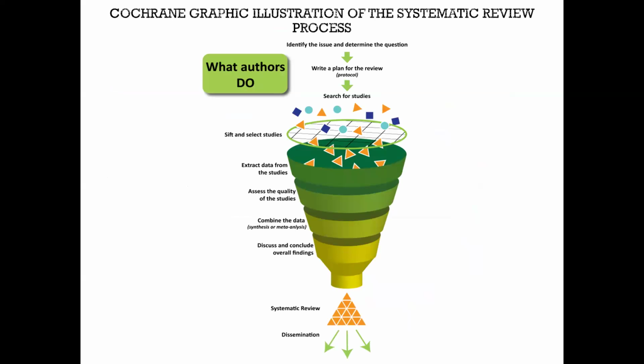As an author, if I'm aspiring to write a systematic review, what should I do? I'll be talking about this pictorial representation for the whole hour, so what is happening here is what I'm going to teach in this whole session.